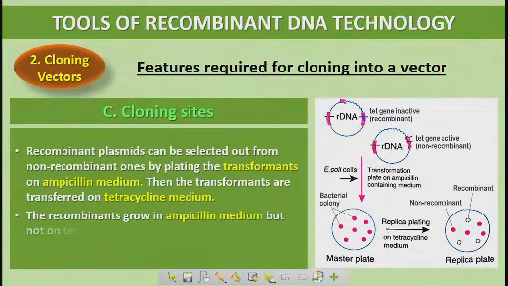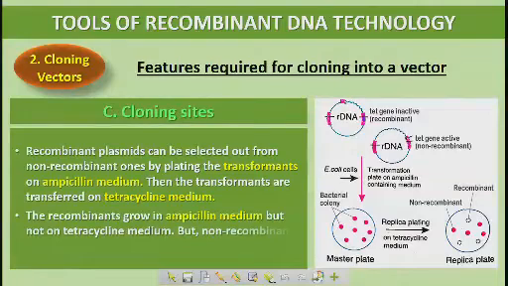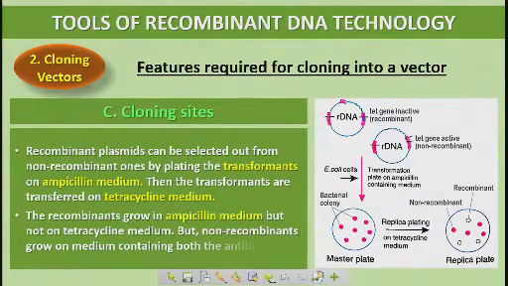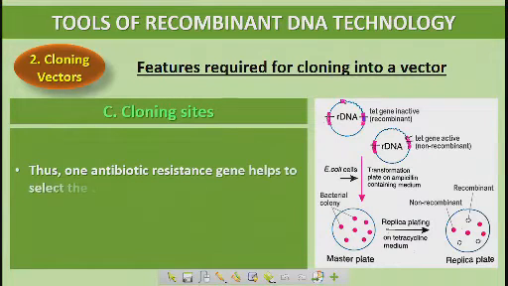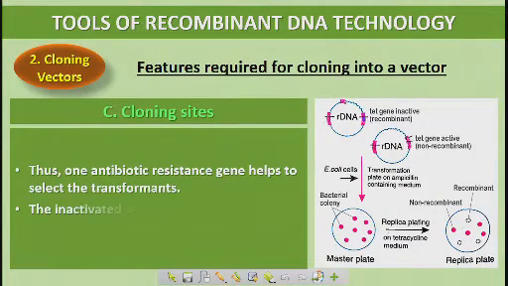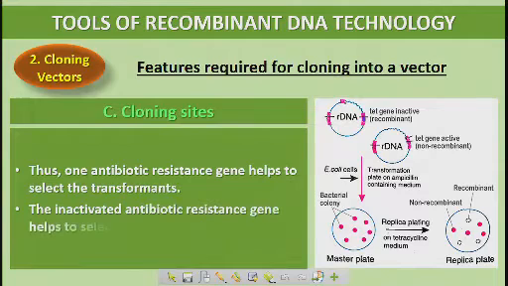The recombinants grow in ampicillin medium but not on tetracycline medium, while non-recombinants grow on medium containing both the antibiotics. Thus, one antibiotic resistance gene helps to select the transformants. The inactivated antibiotic resistance gene helps to select recombinants.